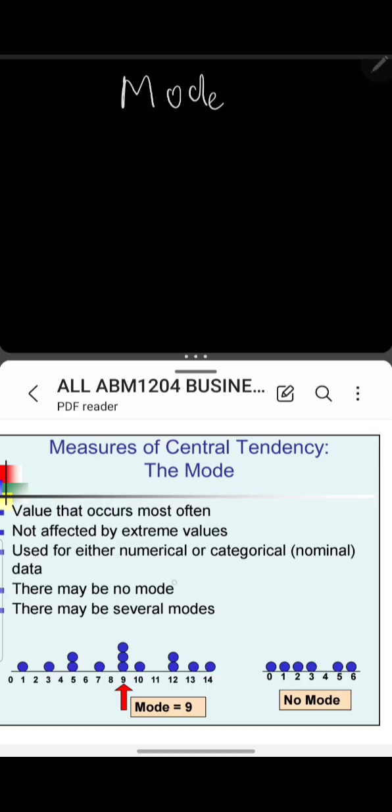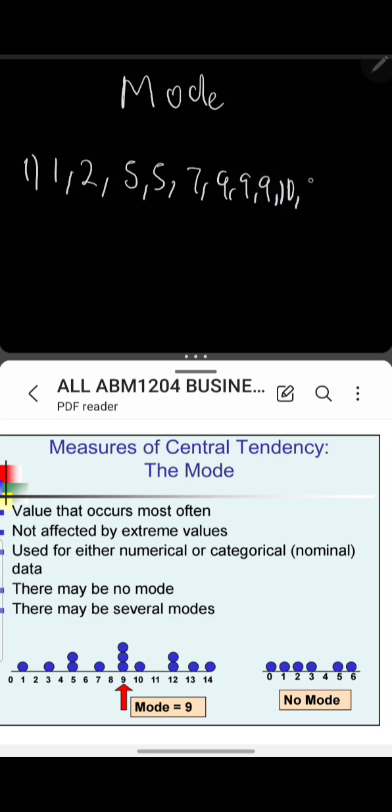Mode is also interesting because we can have cases where there is no mode, and there may also be several modes. They've given us two examples here. Example 1 has items 1, 2, 5, 7, 9, 10, 12, 13 and 14.